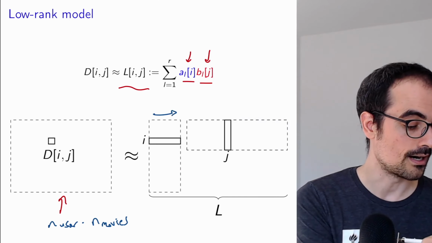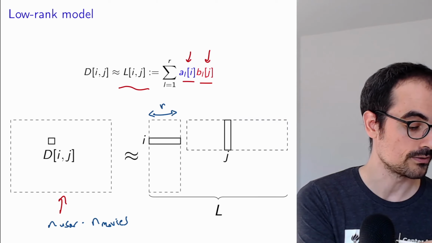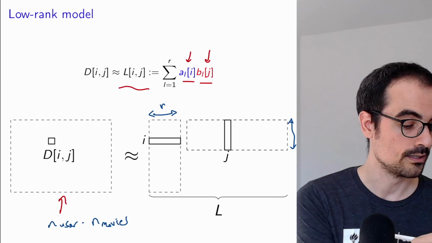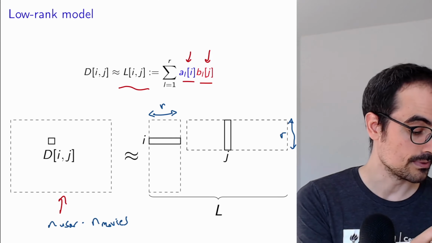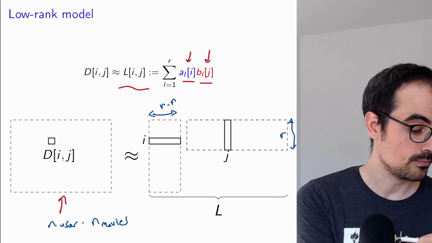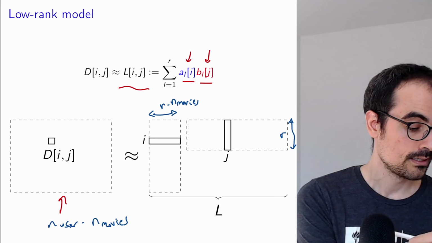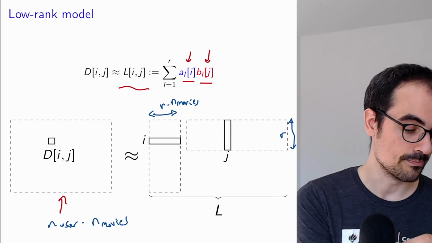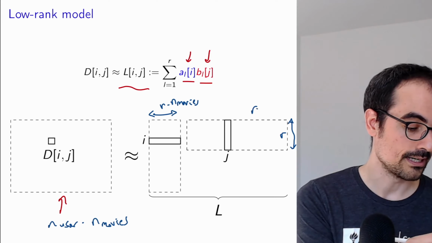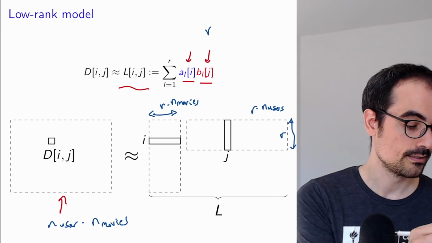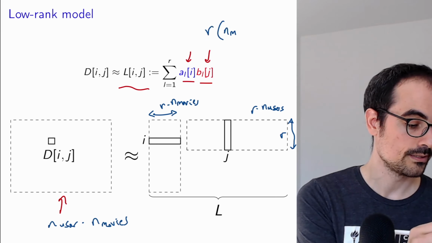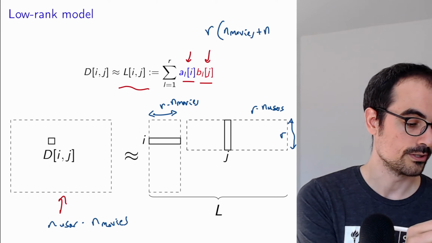If we have R, and R is usually a small number, as we will see in our real data example, we have R times the number of movies plus, and this is very important, R times the number of users. So it's basically R times the number of movies plus the number of users.